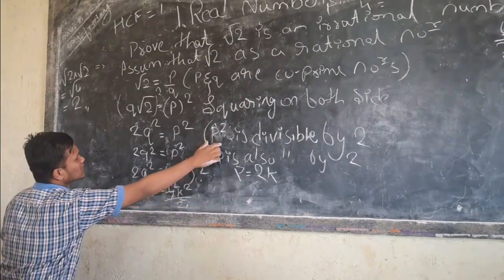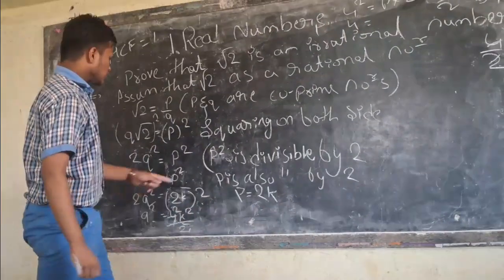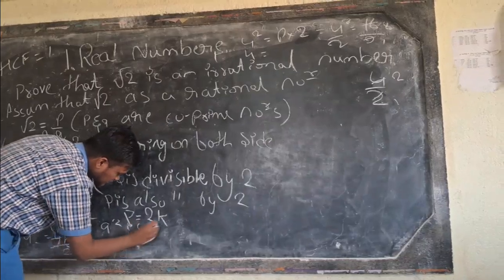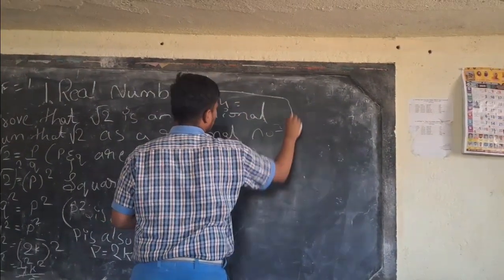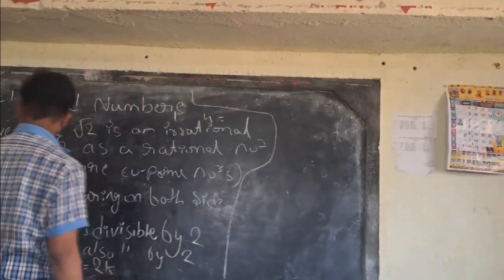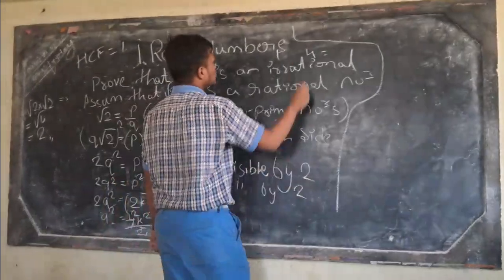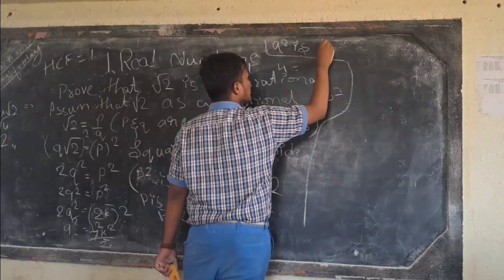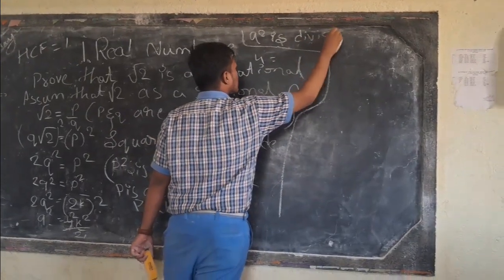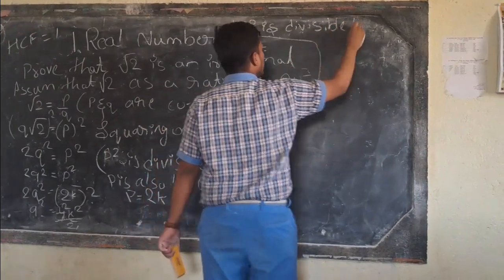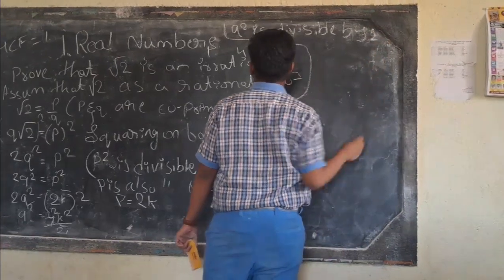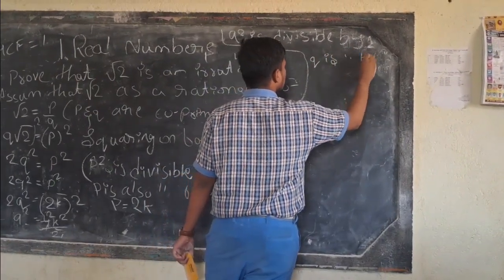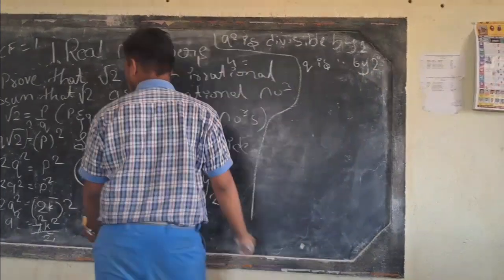Similarly, q square is divisible by 2, and q is also divisible by 2.